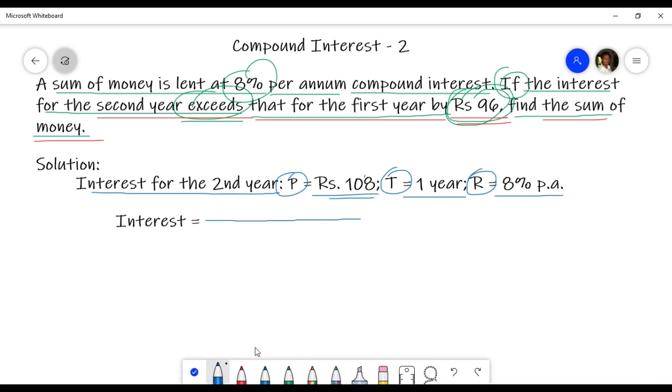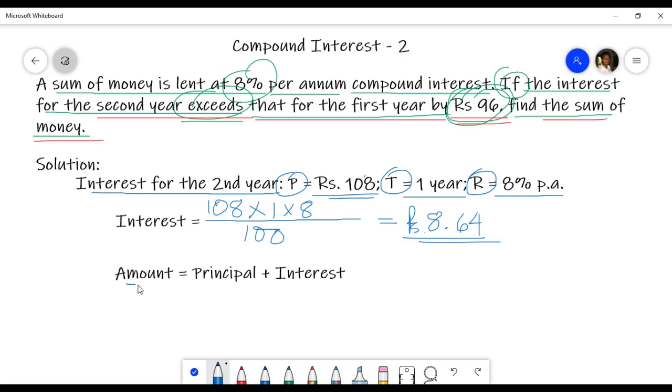We'll just replace the values. When you calculate PTR by 100, we will get the interest for the second year as rupees 8 and 64 paise. So 8 rupees 64 paise is the interest for the second year.